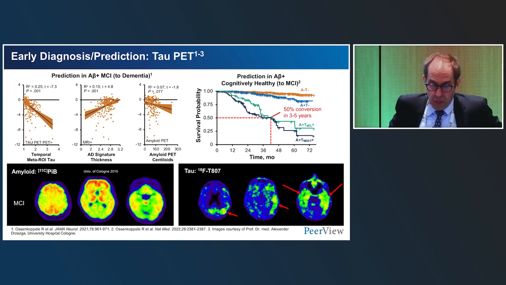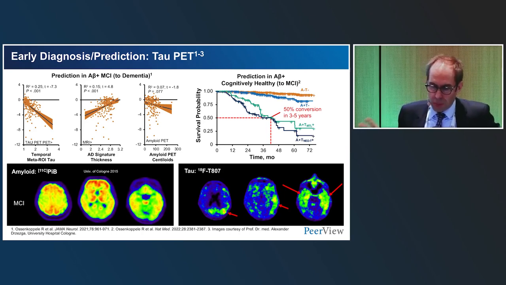Tau PET also has a value for early diagnosis and prediction. And we heard about the amyloid PET already, which can be so early that it is positive in subjects maybe many years before any symptomatic disease onset, which defines a high sensitivity, but at this very moment a low specificity, as we do not know how soon patients will decline unless the quantitative information is also introduced, which may have a value.